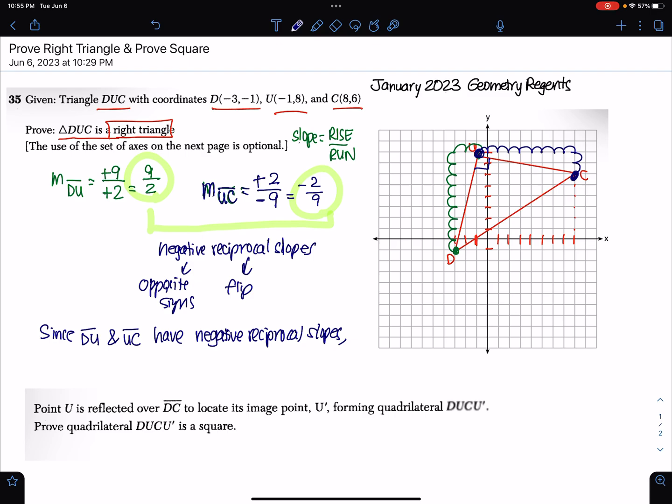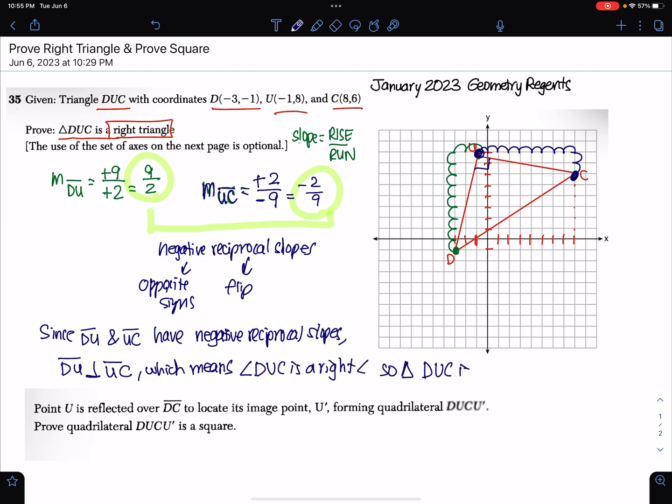So since they're negative reciprocal slopes, we just proved that line segment DU is perpendicular to line segment UC, which means angle DUC is a right angle. So triangle DUC is a right triangle.